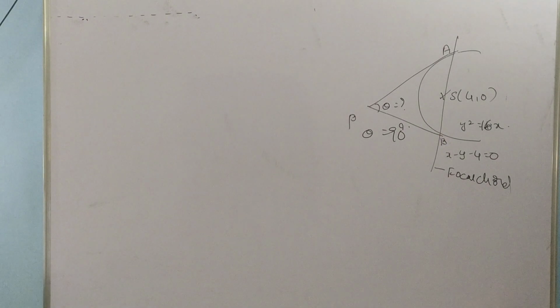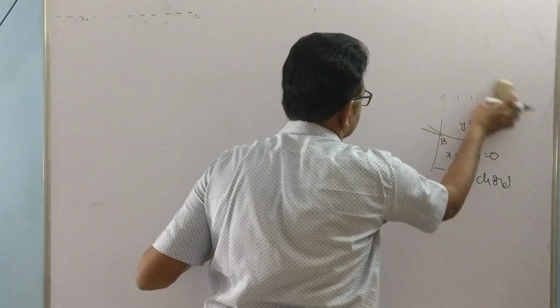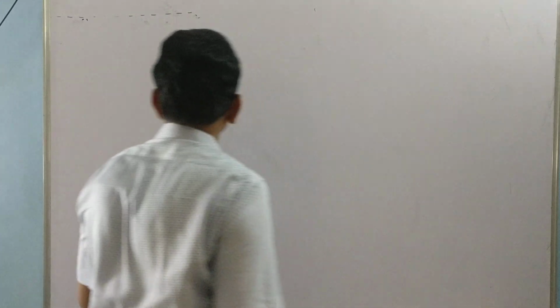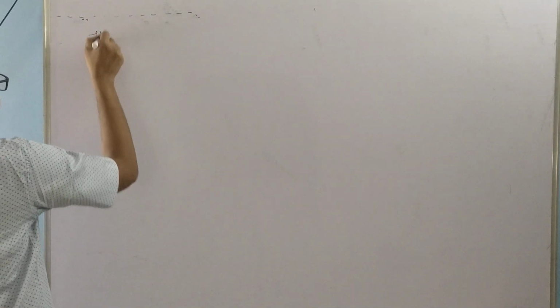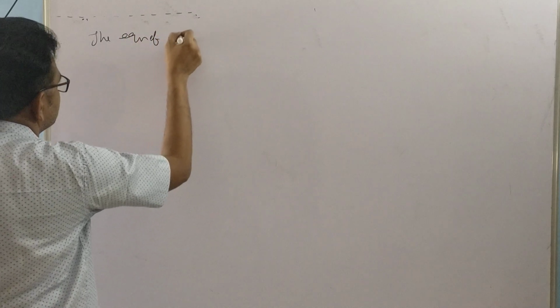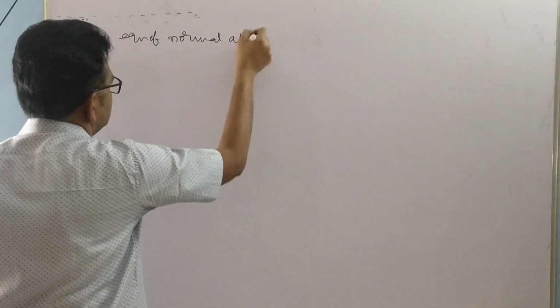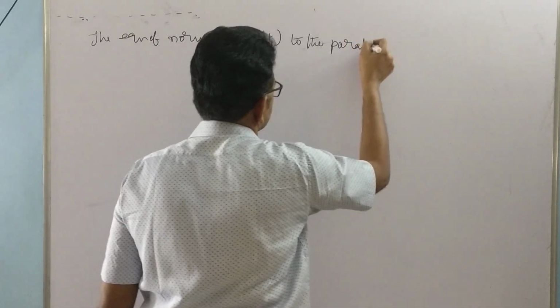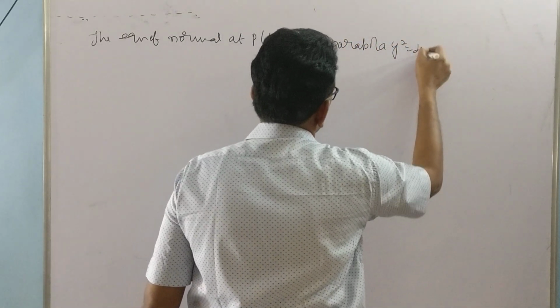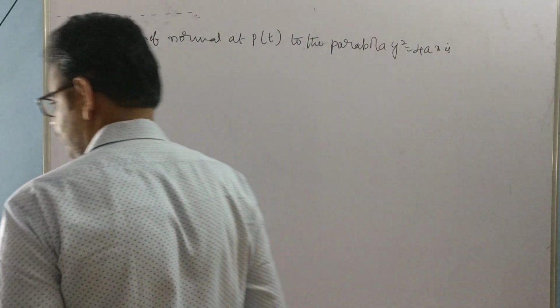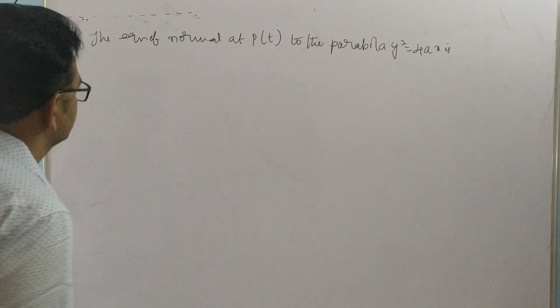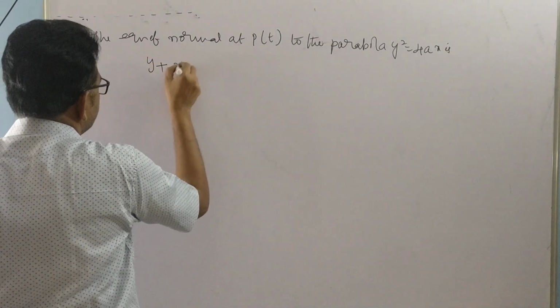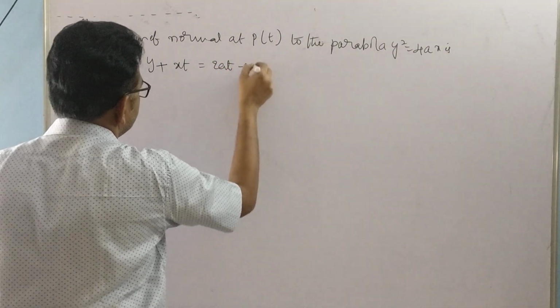Next one. The equation of normal at the point P, t, to the parabola y square is equal to 4ax is y plus xt is equal to 2at plus at cube.